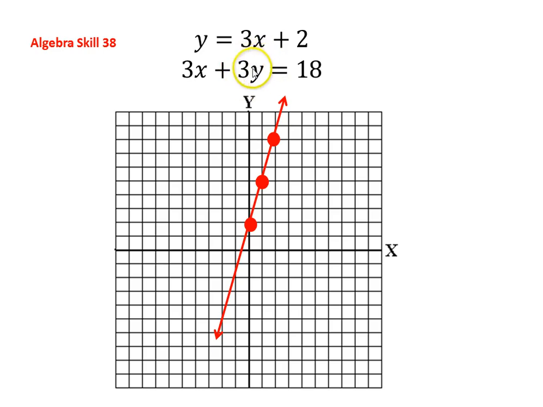So then I'm left with 3x should be equal to 18. Well, if 3x is equal to 18, then x has to be 6. So therefore, the x-intercept of this equation is 6, which means that the line for this equation crosses the x-axis at 6, which would be 1, 2, 3, 4, 5, 6.